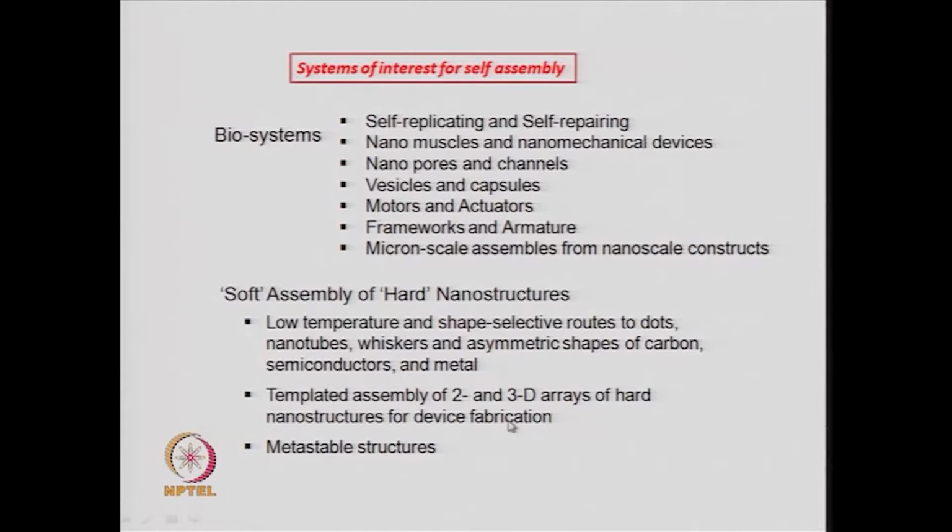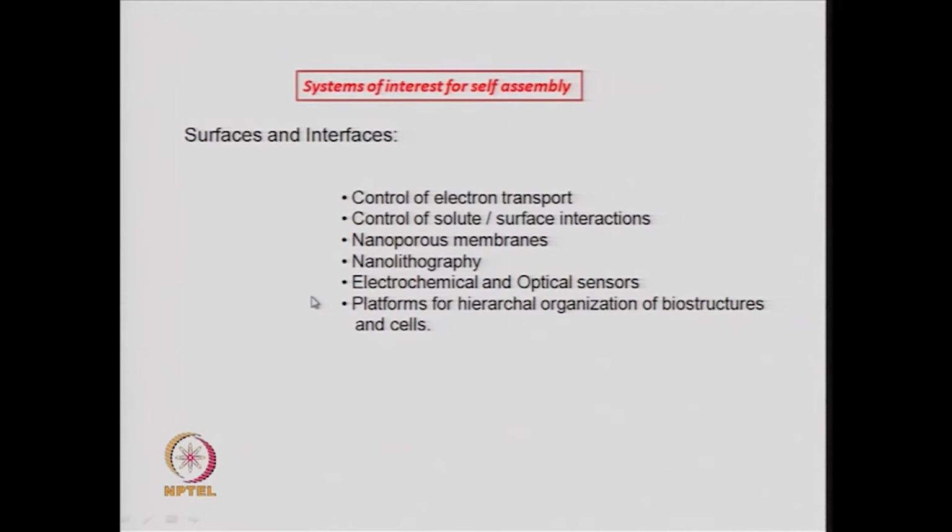These 2 and 3 dimensional arrays of nanostructures are useful for applications because they are used for devices, and this is a methodology by which we do device fabrication on templates using a soft assembly or a self assembly process. We can also generate metastable structures using this soft assembly of hard nanostructures.